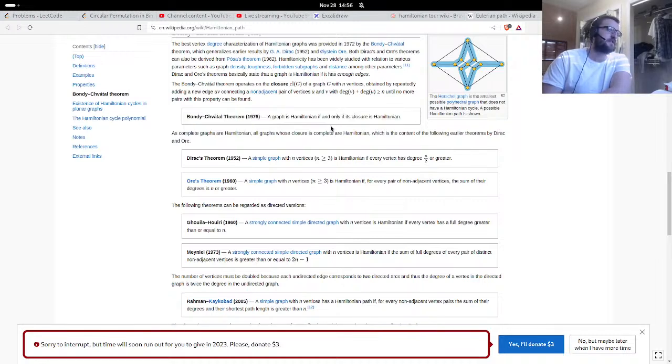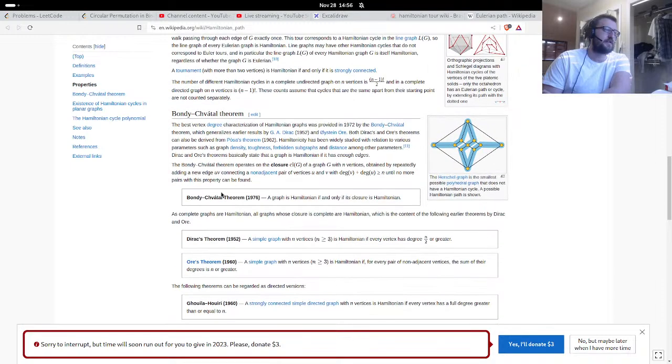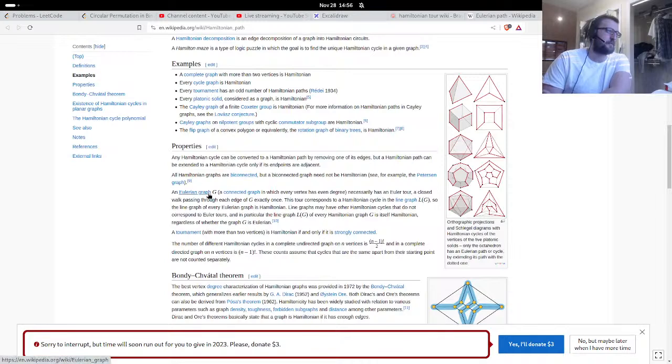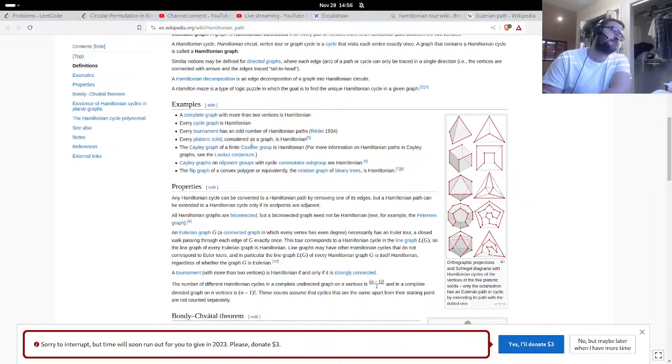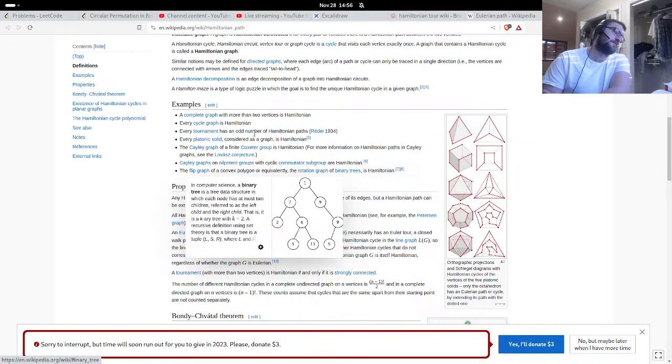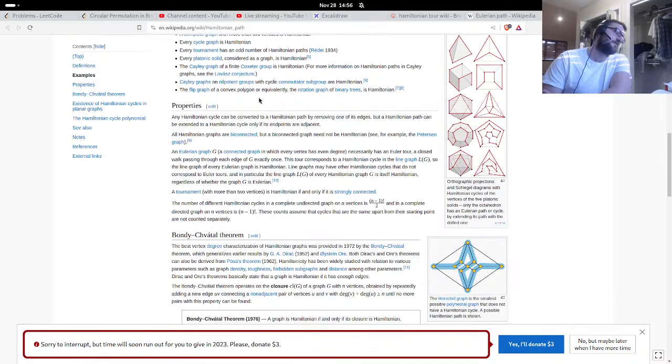A graph is Hamiltonian if and only if its closure is Hamiltonian. Interesting. There's quite a few different theorems that they've come up with. Properties. Rotation graph is Hamiltonian.